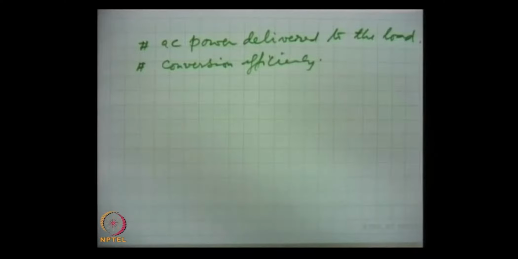Now, how are the devices and circuits of power amplifiers different from small signal ones? When the amplifier is supposed to deliver large power, the device, the transistor, should be capable of handling that much power. So, in general, power transistors have a larger surface area.